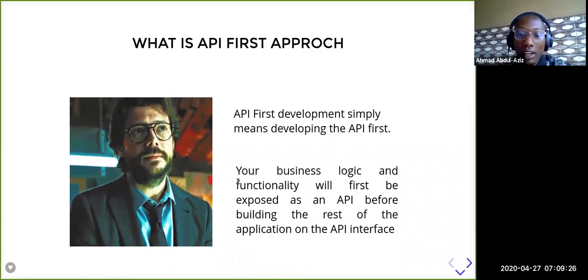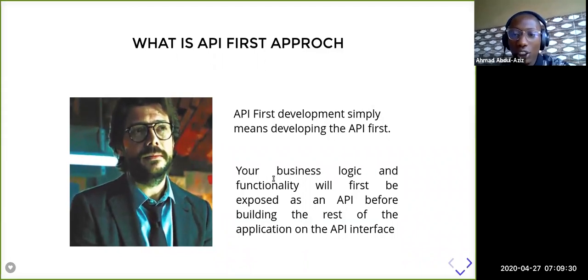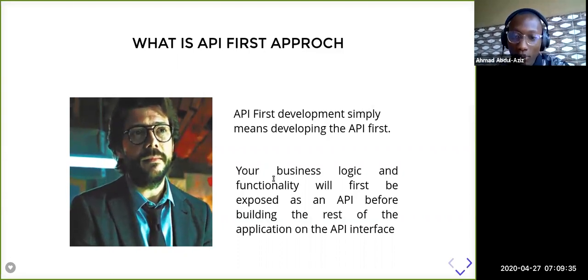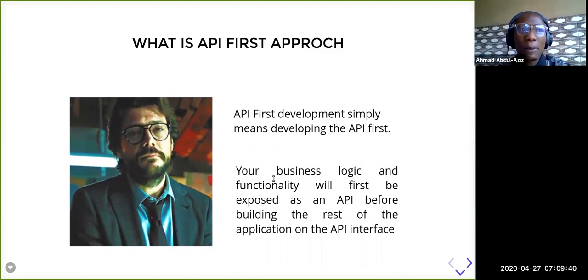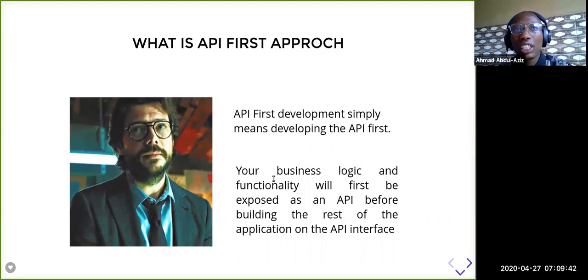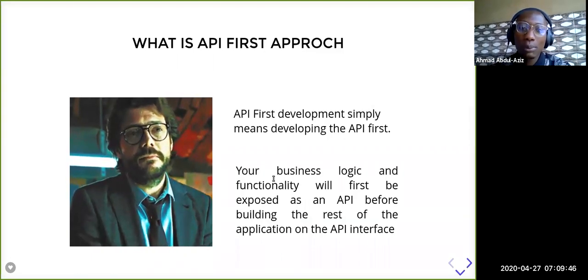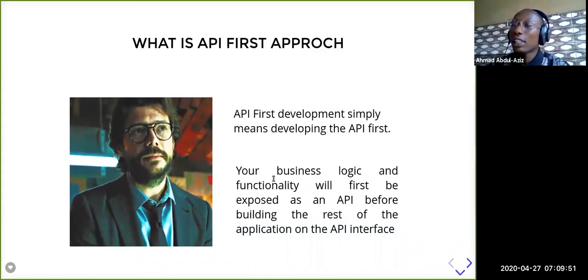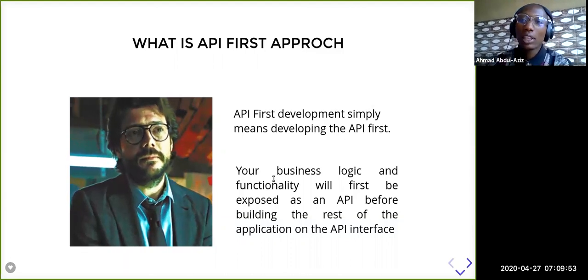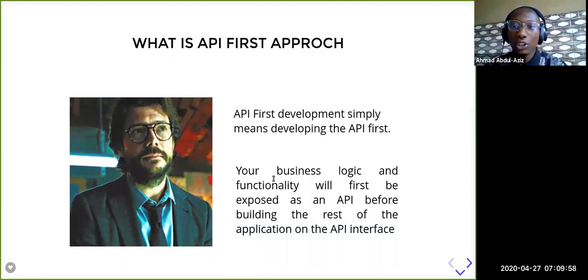Another definition you can give is that your business logic, the functionality, will first be exposed as an API before building the rest of the application. What this literally means is that any feature or logic you're trying to build, you firstly build it as an API before telling the front-end guy, the UI guy, the mobile guy, that they can connect to this particular functionality.